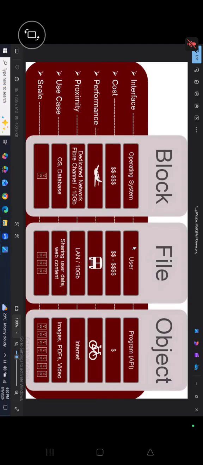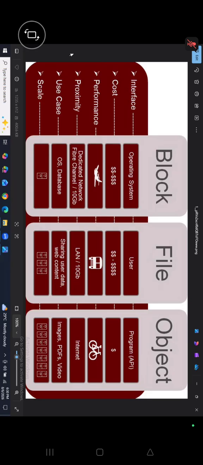With the help of a share folder, we can share data from one machine to another machine through the network. That is the best example for file storage. Got it, guys? Coming to Linux, we have NFS, Network File System. If you need to share data between Linux and Windows, we have a service called Samba. With the help of the Samba server, we can share data between Linux and Windows.